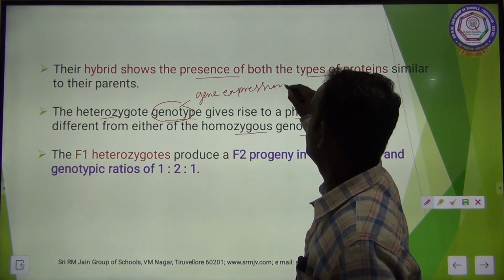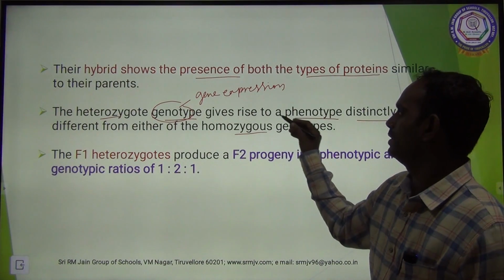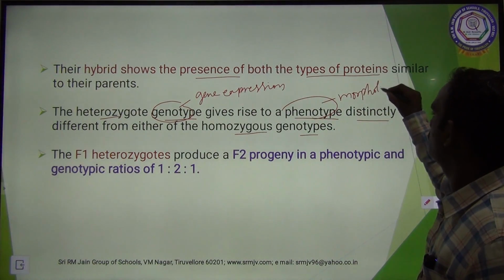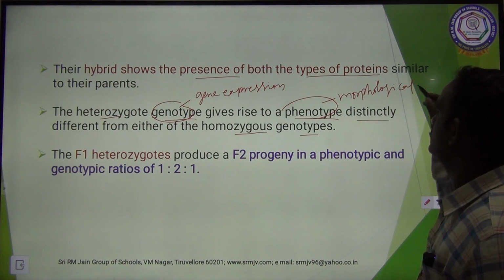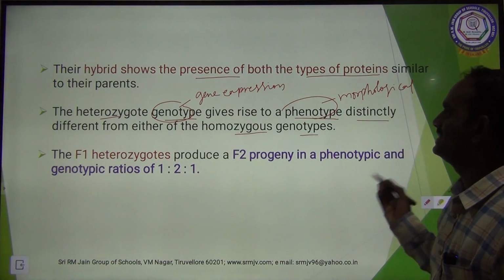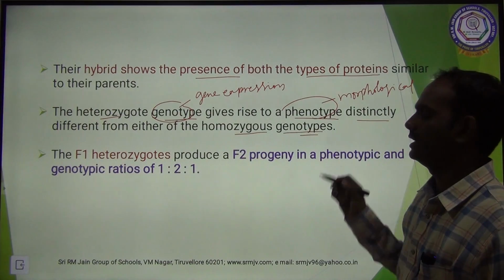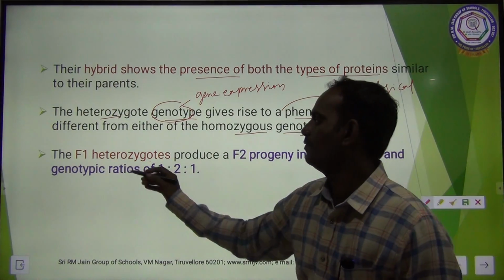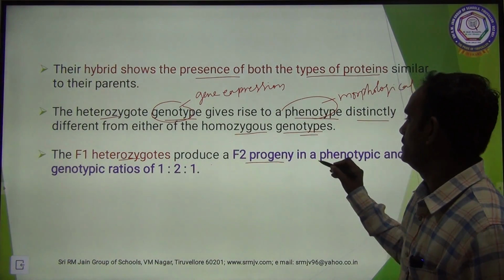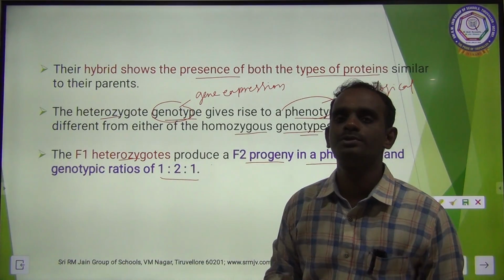Phenotype is the morphological expression. The F1 heterozygous produce an F2 progeny in a phenotypic and genotypic ratio of 1:2:1.